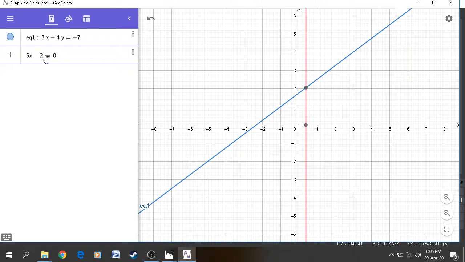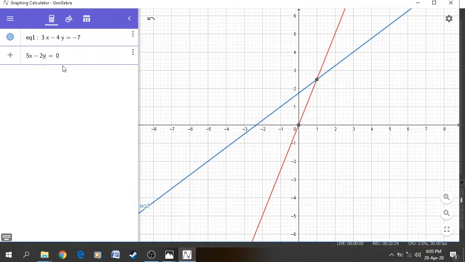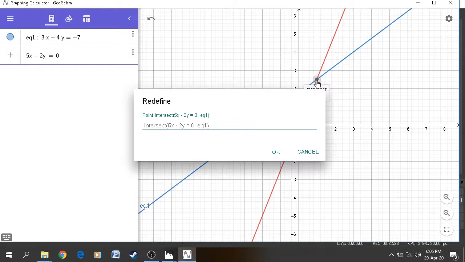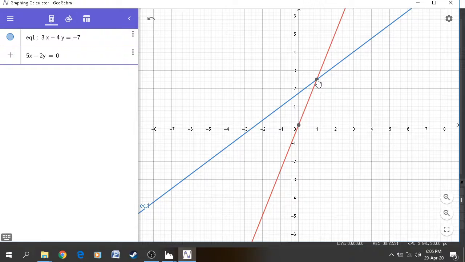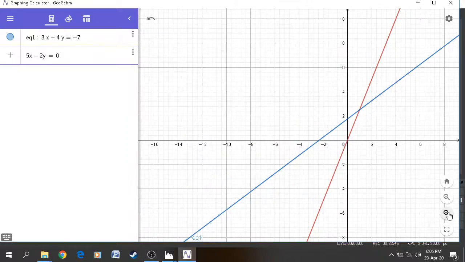So this is the intersecting point. What is the intersecting point? We can see here the intersection is 1 comma 2.5. 1 comma 2.5 is our solution. Okay.